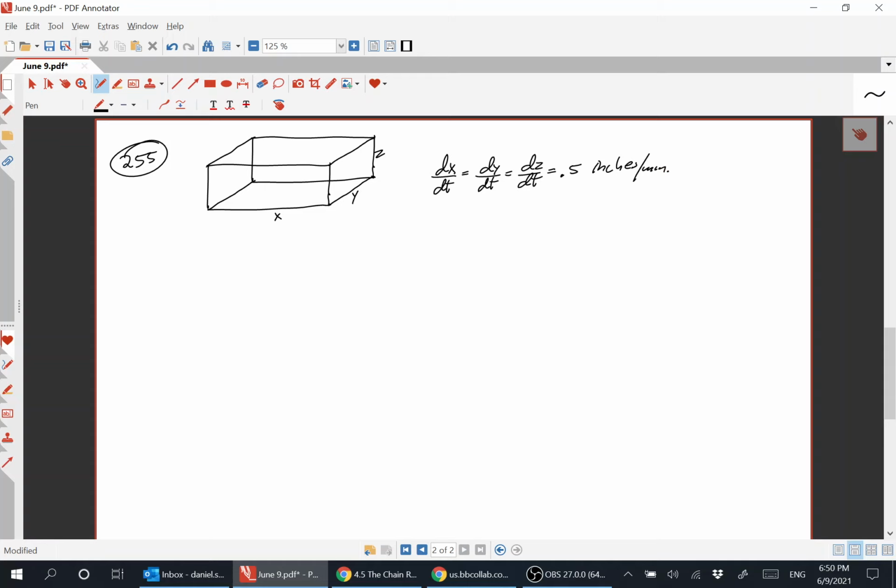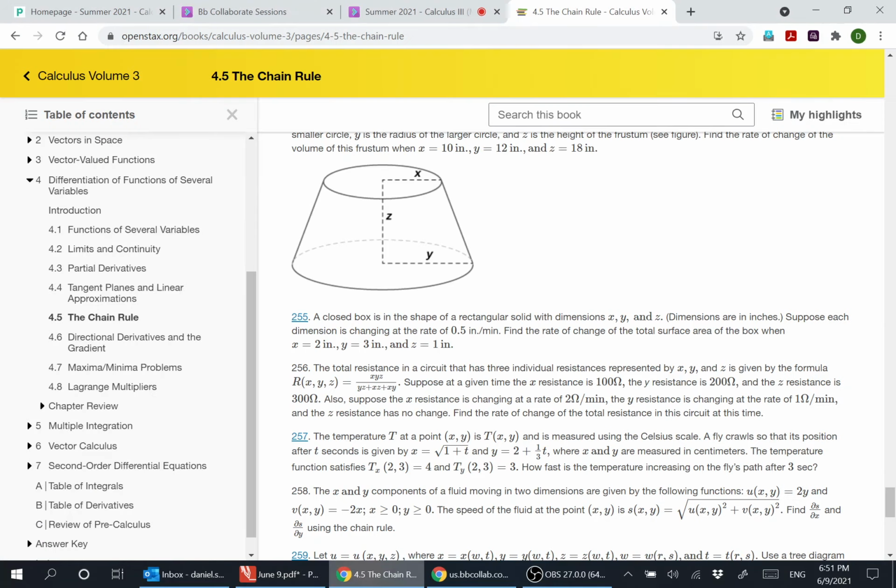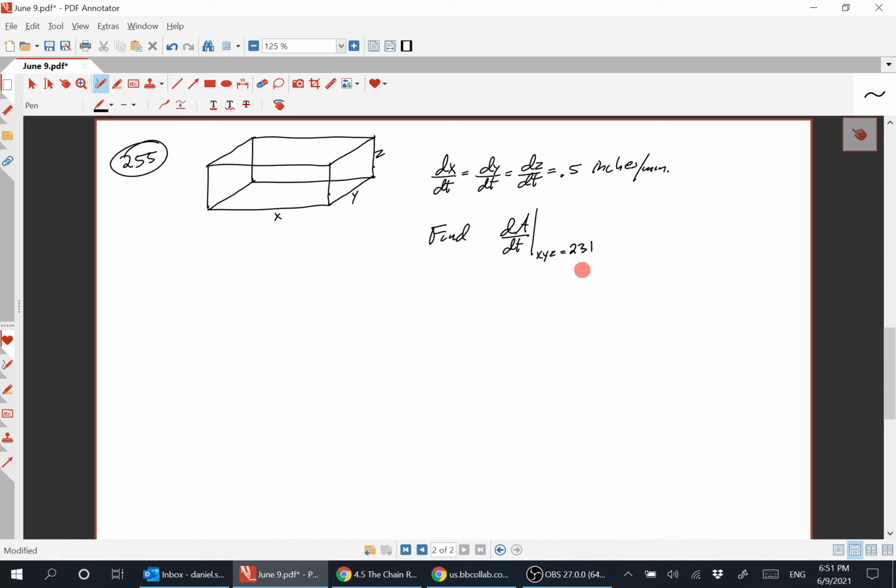Of course, they don't have to be equal, I don't know why they're doing it that way, but that's what we've got. Find the rate of change of surface area with respect to time when x, y, z is equal to 2, 3, and 1.